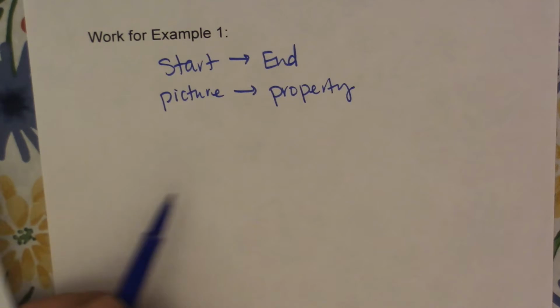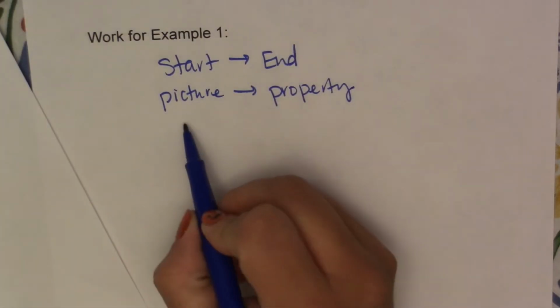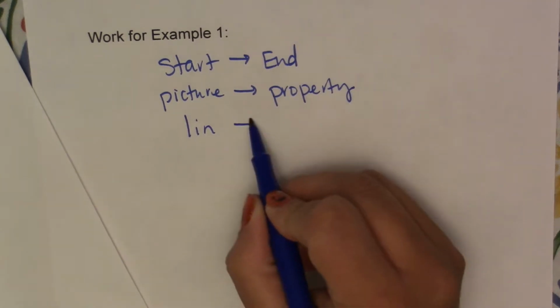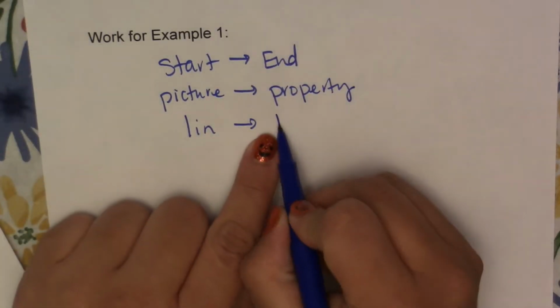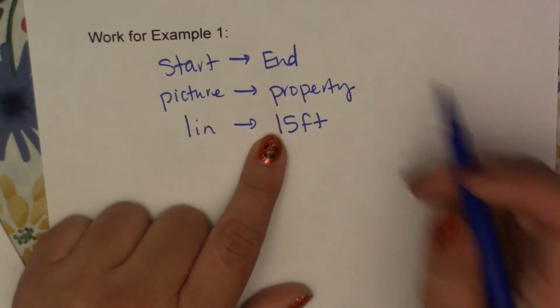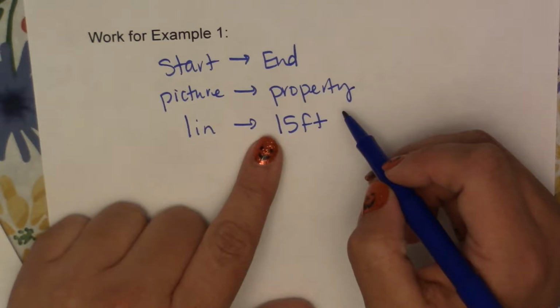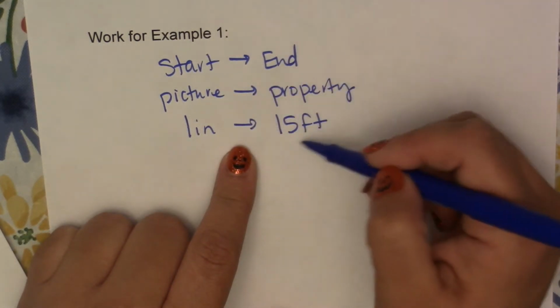So if I look back at my scale, 1 inch on the drawing, so 1 inch on my picture, corresponds to 15 feet of actual length. So on my property, that would be 15 feet. When we are finding that scale factor, this would be our x value, and we would end at our y value.